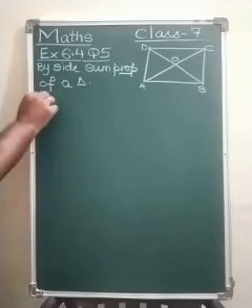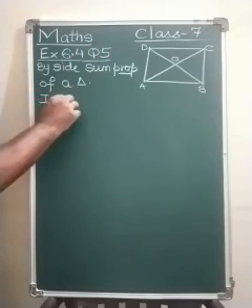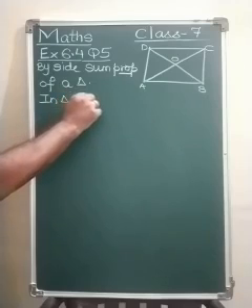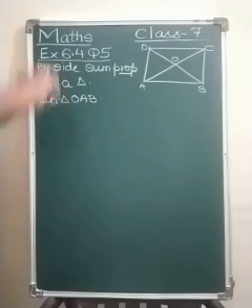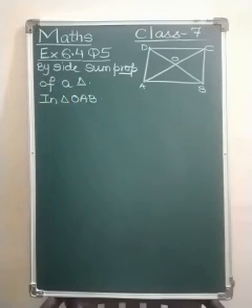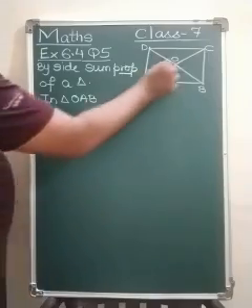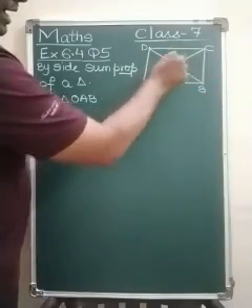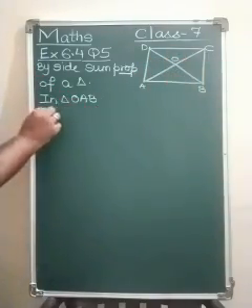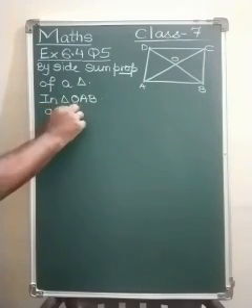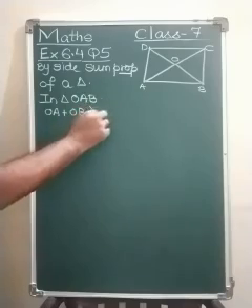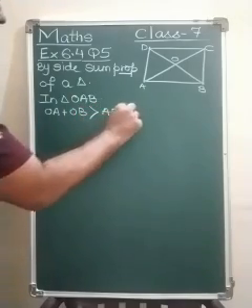Now first, in triangle OAB, we will take these 2 sides, OA and OB. OA plus OB is greater than AB.